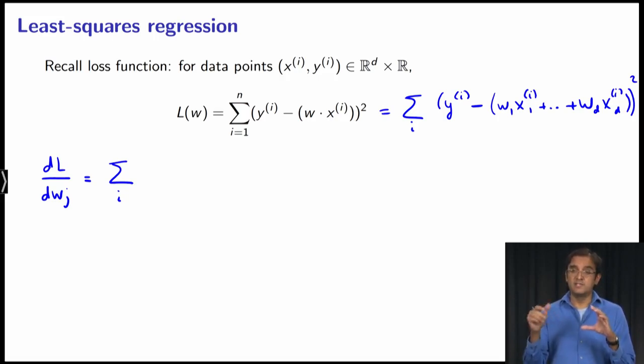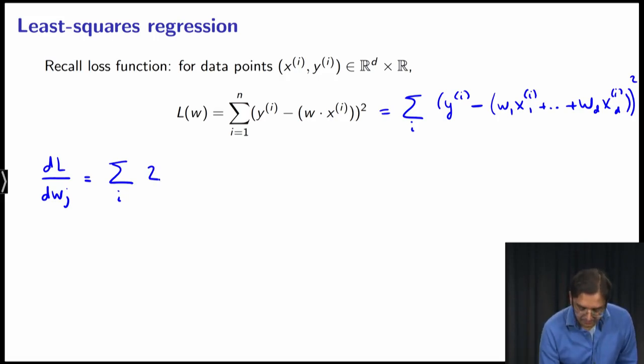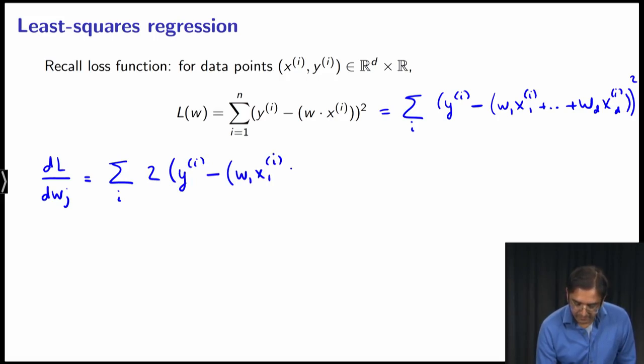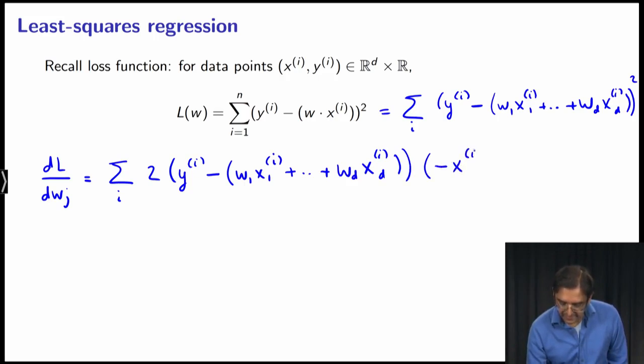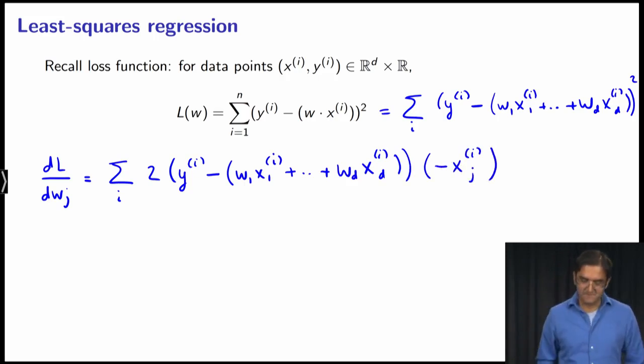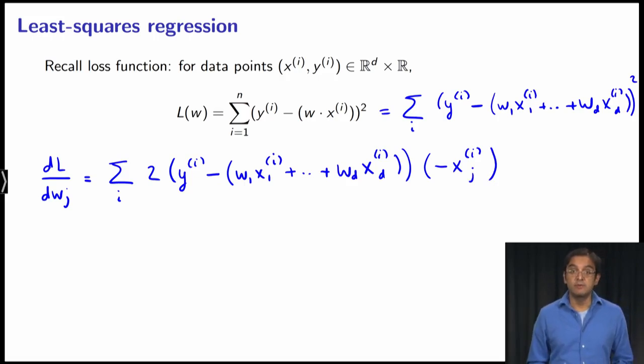The derivative of that is 2u du, so we bring down the 2. And we have y_i minus this whole thing over here, w1 x_i1 all the way to wd x_id. Okay. And now we take a derivative of just that inside part with respect to w_j. So we get negative x_ij.